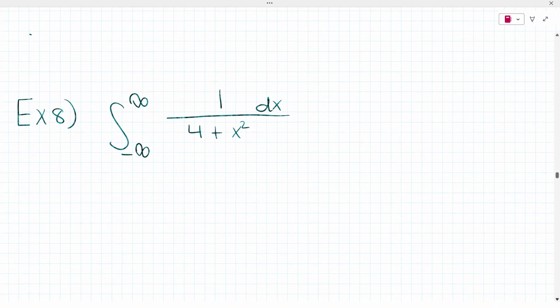So it's just like example 7, our boundary is from negative infinity to positive infinity. So let's break it into two separate intervals and make a halfway point.